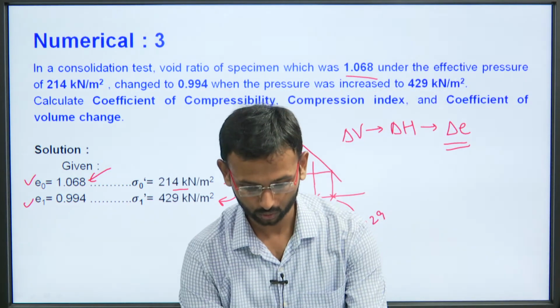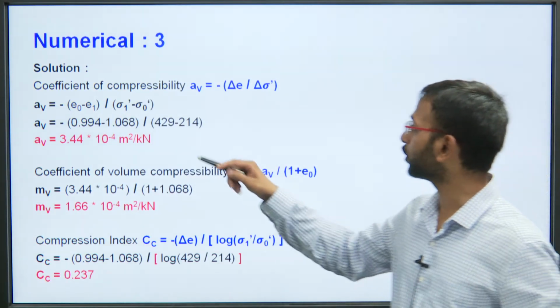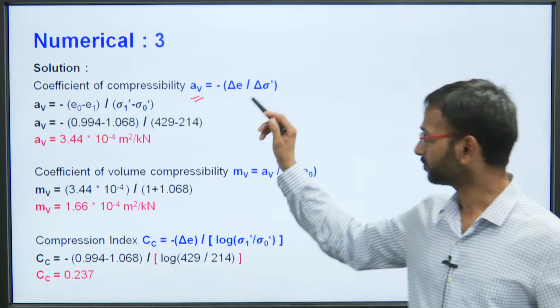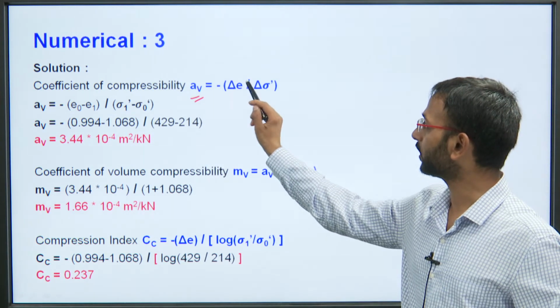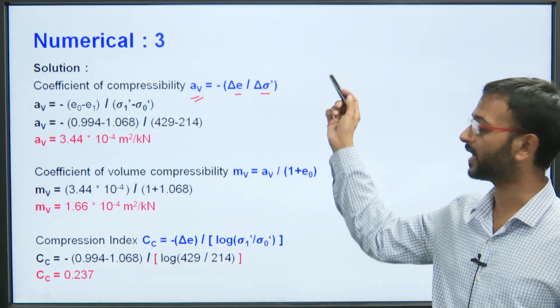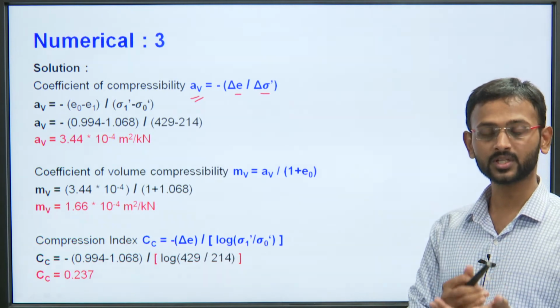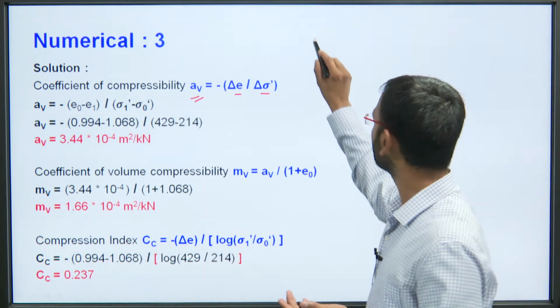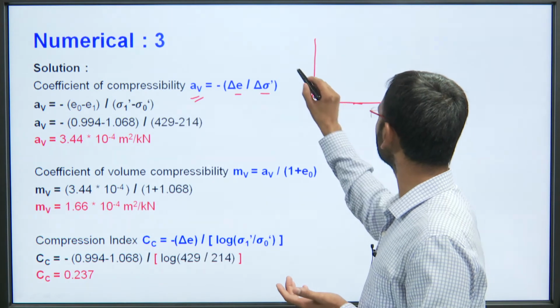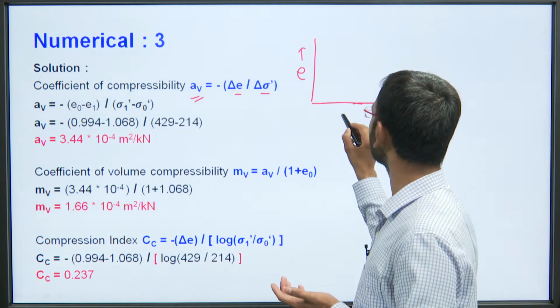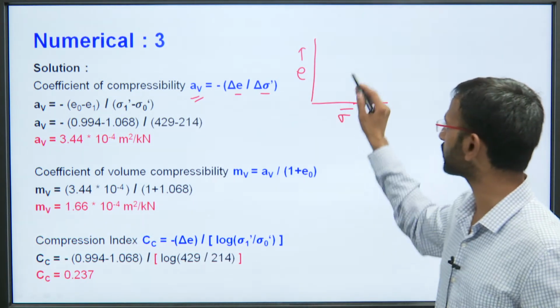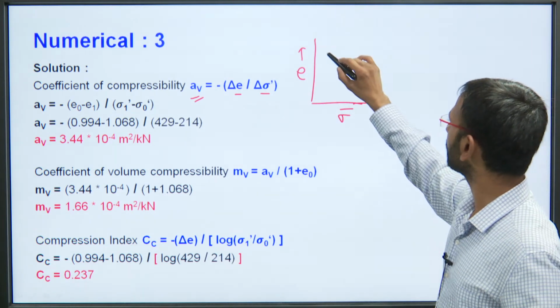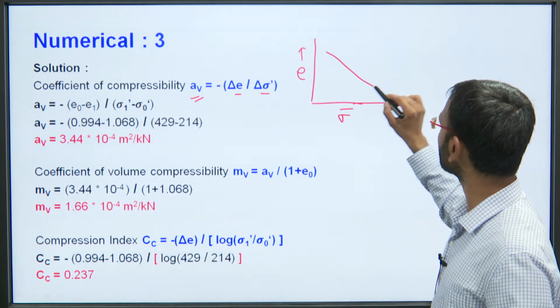So see here, the coefficient of compressibility is given as minus delta e by delta sigma dash, because there was some change in void ratio. In this curve, this was e and this was sigma dash, the effective stress. The curve was obtained like this.